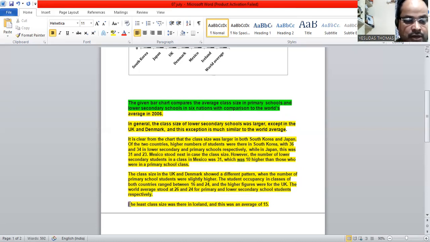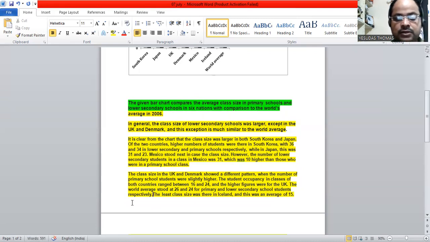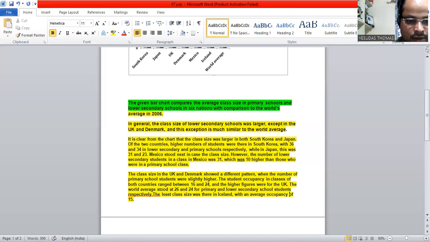The least class size was there in Iceland, and this was an average occupancy of 15%. Okay, that's it.